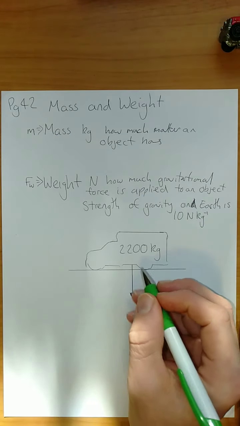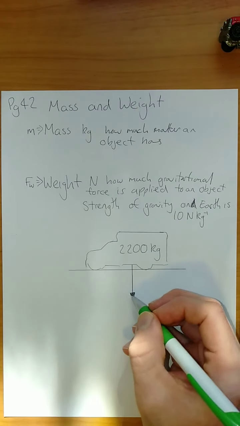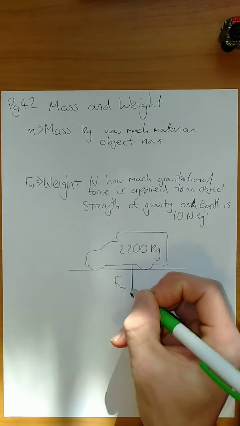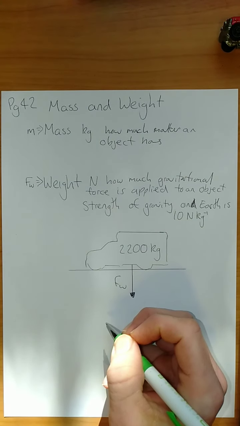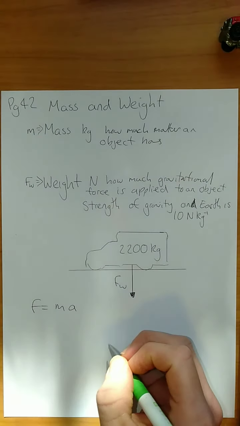Now, here's our ambulance. We're going to try and work out what the length of this force vector is pushing down. That is its force weight. And to do that, we're going to be using our force is equal to ma formula.